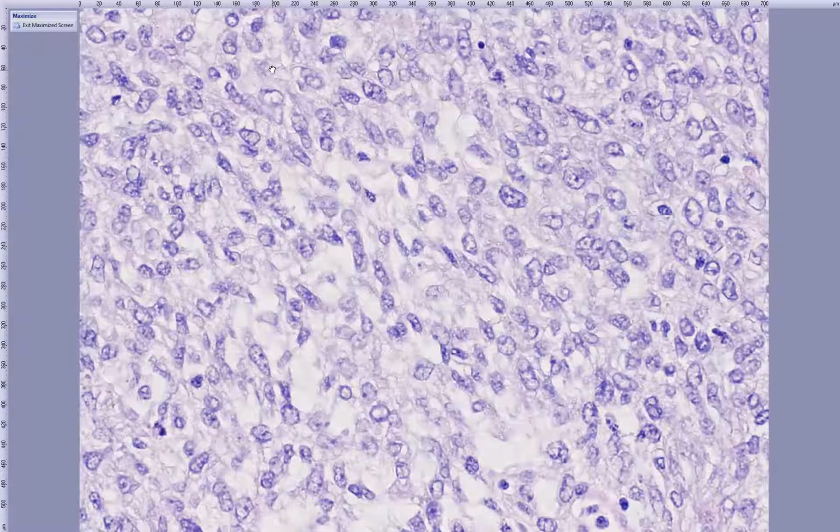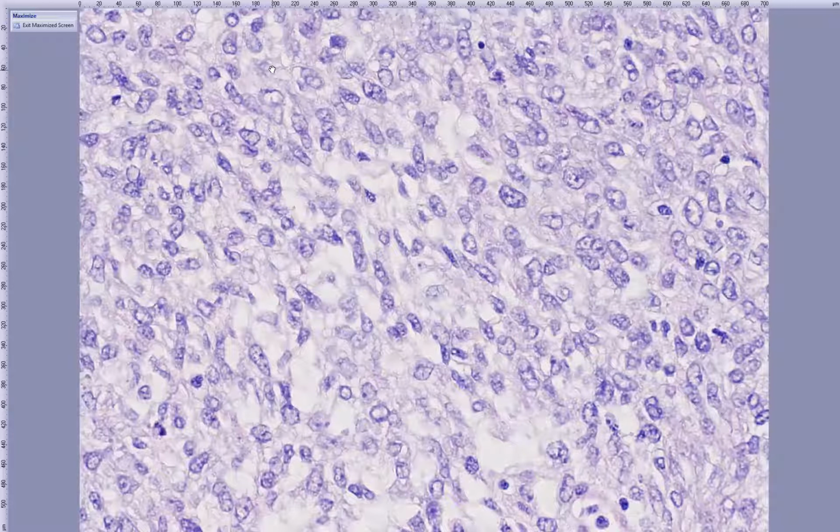Now, there really, unfortunately, are not a lot of great stains that can help you with either of these variants. But remember when I said before that both of these variants bear similarity to two distinct soft tissue tumors that we see in children? Well, the cellular variant of congenital mesoblastic nephroma actually looks quite similar to infantile fibrosarcoma, which is a tumor that occurs in very young infants, usually on the extremities.